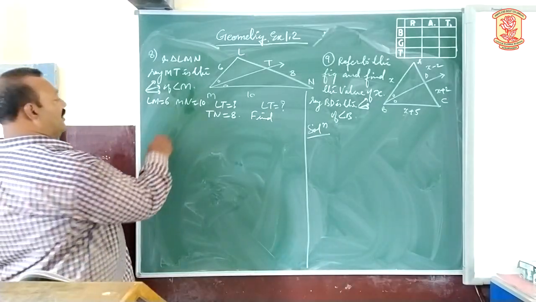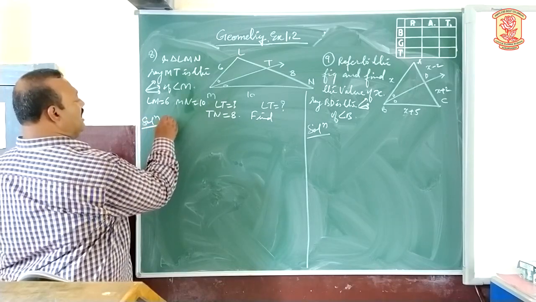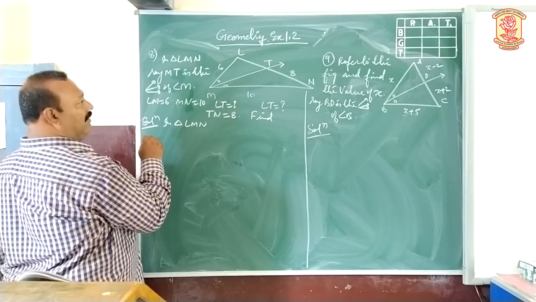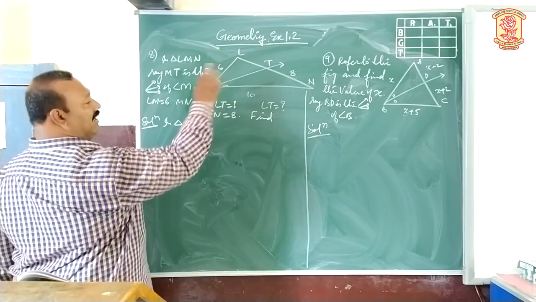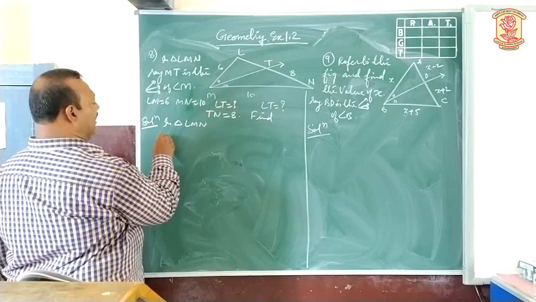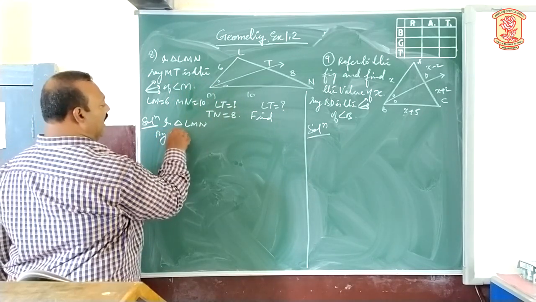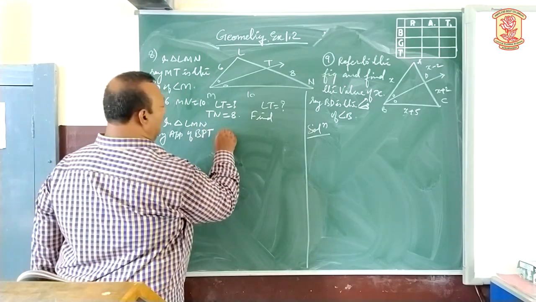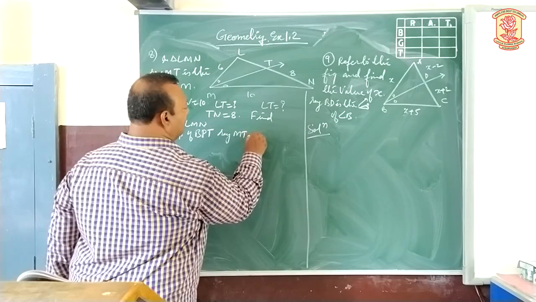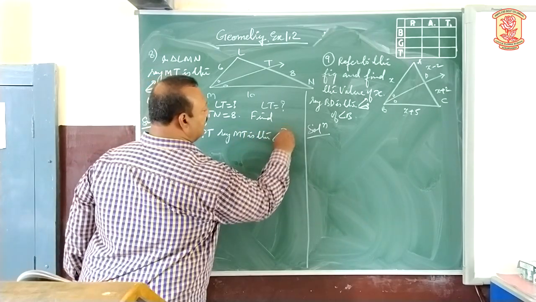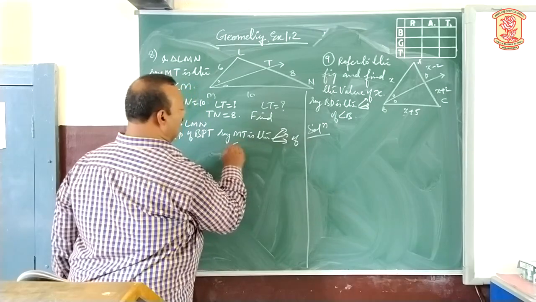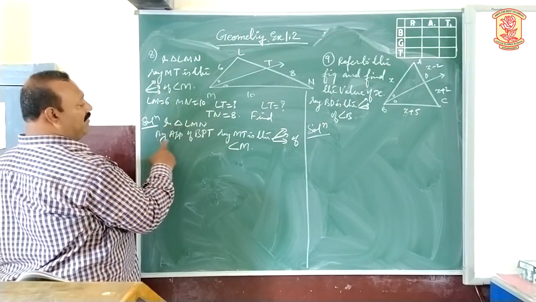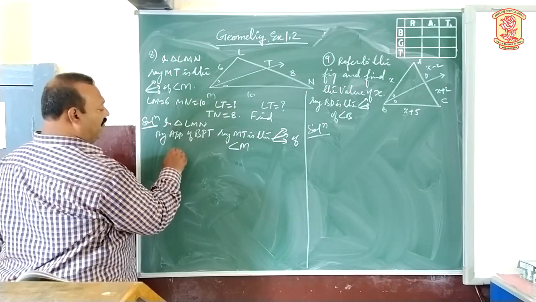Number 8. See the solution. In triangle LMN, what can you apply? Whenever you see a ray which is given as the angle bisector, directly you can apply the application of BPT. Ray MT is the angle bisector of angle M. Now refer to the figure and directly make use of BPT.